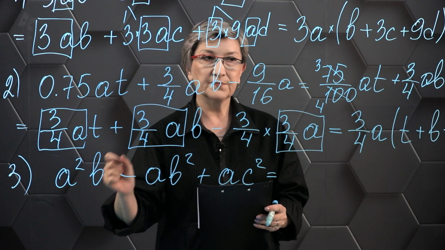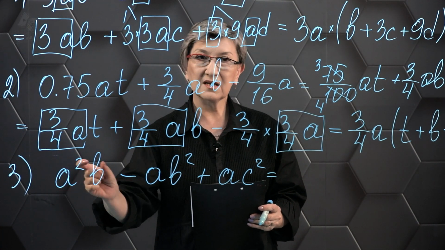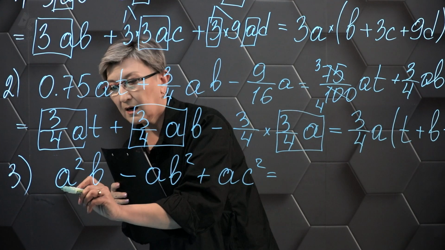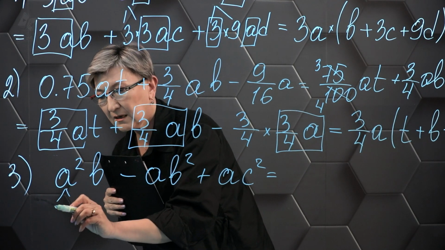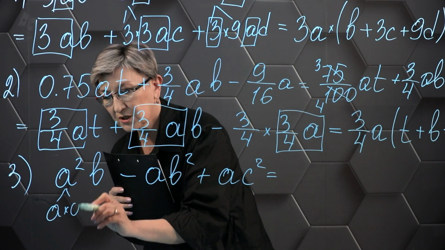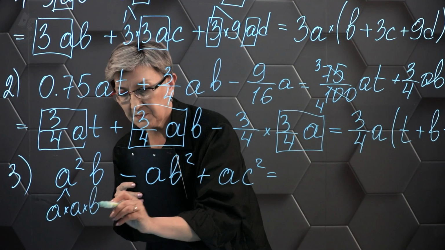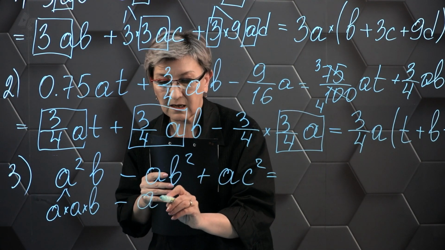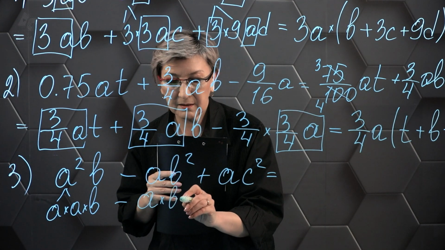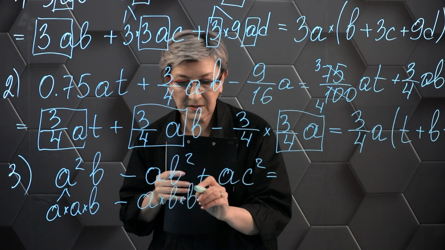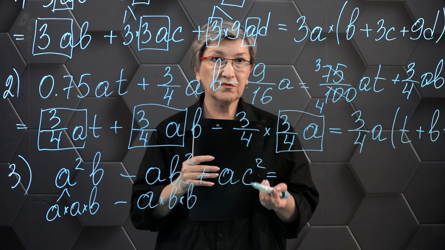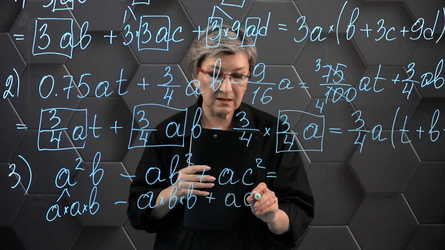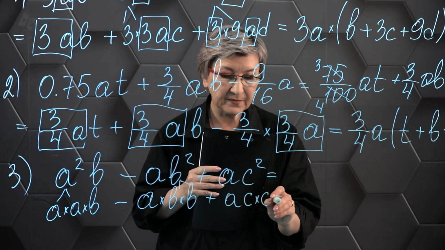The point is that a squared b, I can write as a times a times b. In the second summand, I can write a times b and multiply it by b again. So I tried to write b as a multiplier and plus ac multiplied by c.